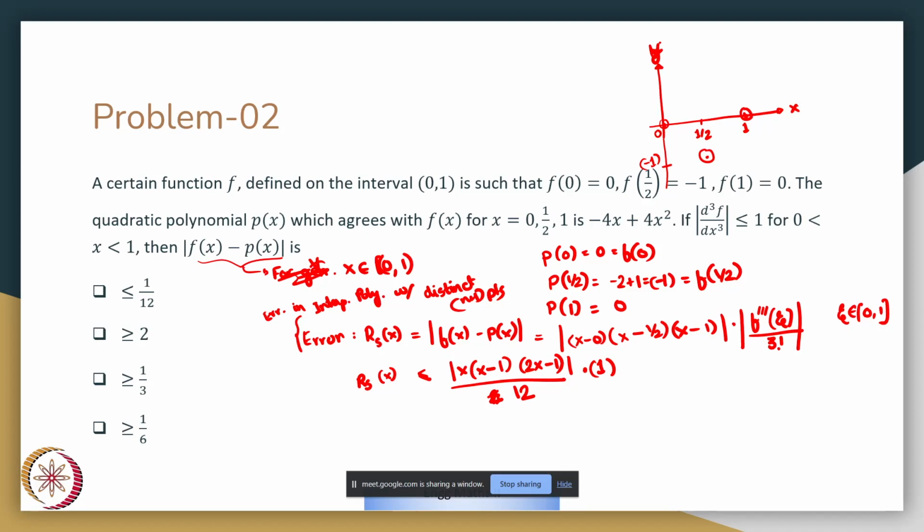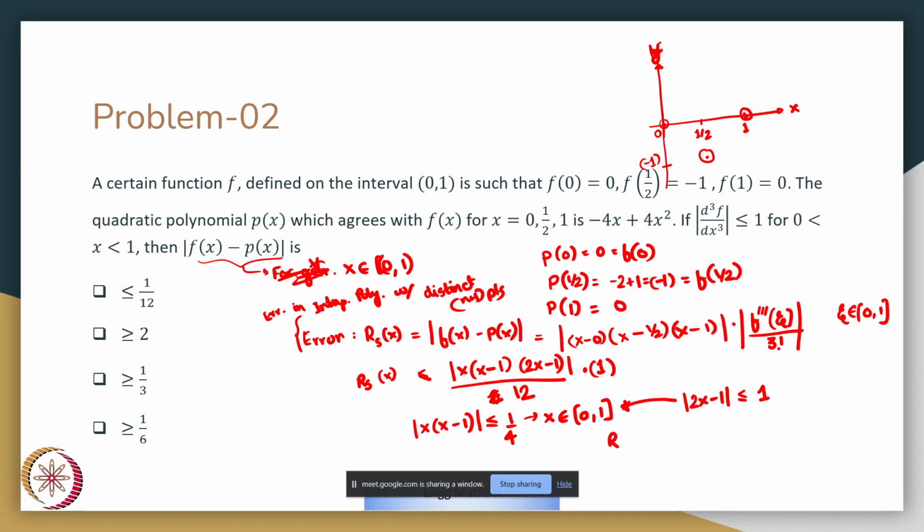With this in mind, we look at a couple of more points. First is modulo of x into x minus 1, which is always less or equal to 1 by 4 when x belongs to 0 to 1. The second thing is modulo of 2x minus 1, which will always be less or equal to 1 when x belongs to 0 to 1.